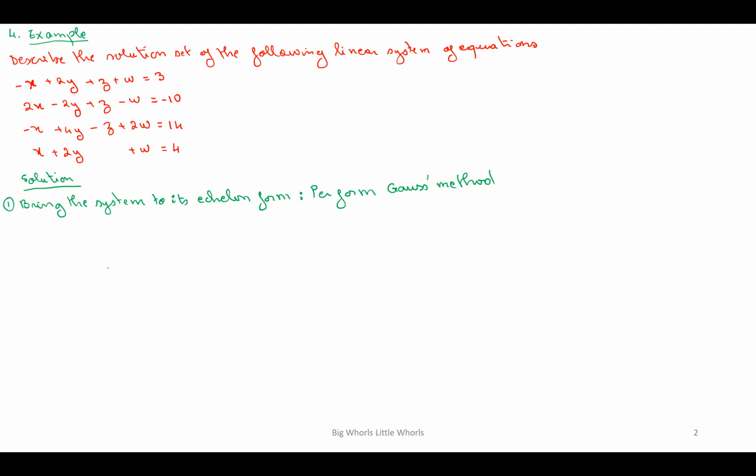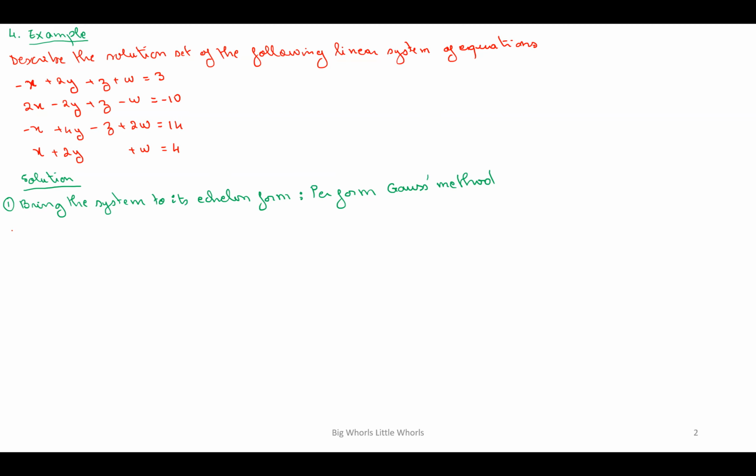And in this tutorial, I'm going to fly through Gauss method because I have gone in depth into them in some previous videos. Okay, in the previous video. So if you don't recall how to perform Gauss's method, watch the previous tutorials.